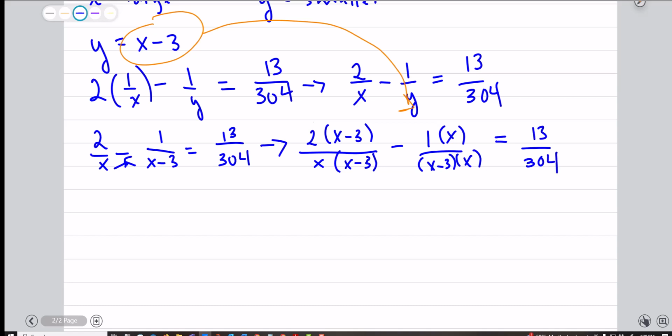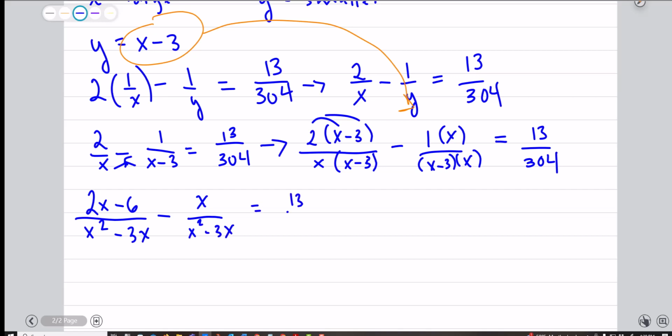So multiplying, distributing all this out, I get 2x minus 6 over x squared minus 3x, minus x over x squared minus 3x. Once again, 13 over 304.